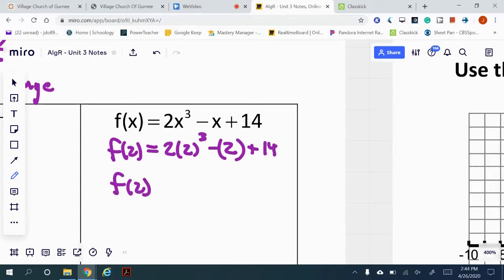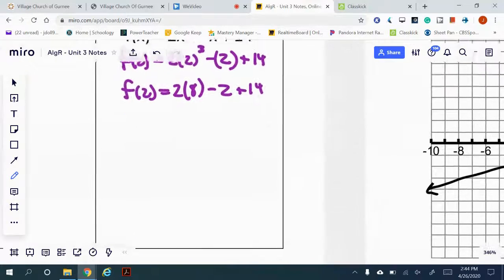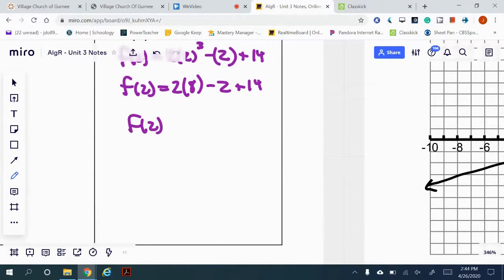So as we work our way down, 2 to the third. Now this is big, guys. 2 times 2 to the third. Exponents come before multiplication. So I have to do 2 to the third first and get 8, and then I can multiply by 2 here. So this is 16 minus 2 plus 14. Right? And 16 minus 2 is 14. 14 plus 14 is 28.